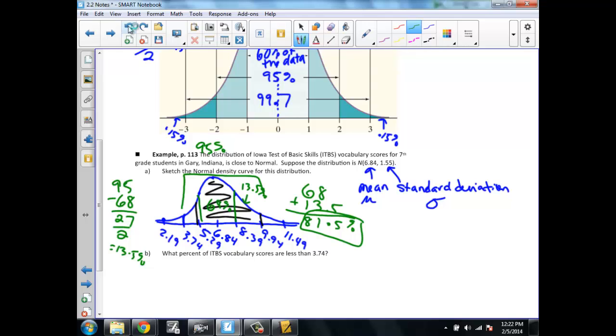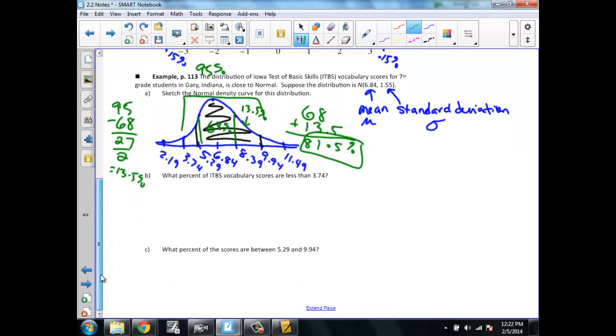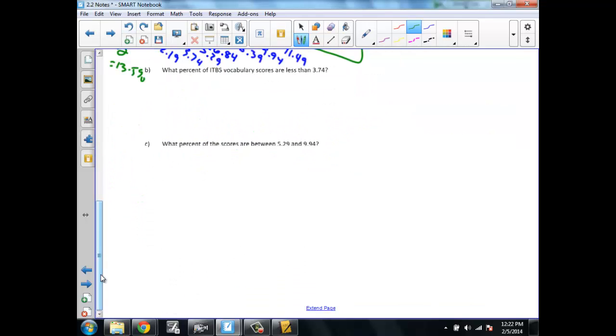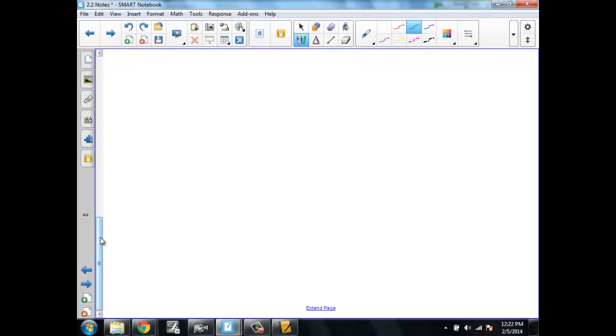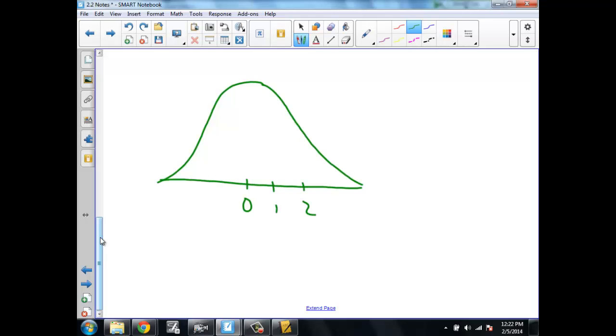Let's do this. For some reason, this question is forever tripping everybody up. I know you guys don't have a lot of room on your paper, but let's do this. Here's your rough sketch of your curve. We have 0, and then I have 1, 2, 3 standard deviations above, -1, -2, -3.